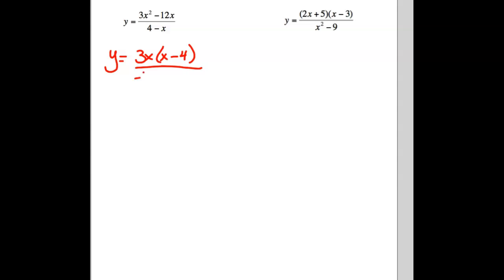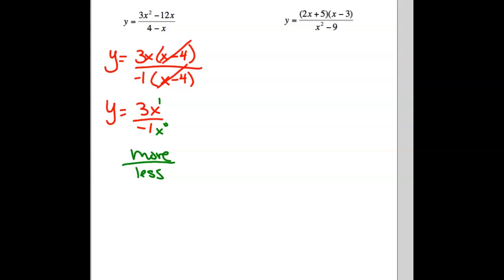Remember, we factored a negative 1 out of the bottom to turn that 4 minus x into an x minus 4. These drop out. We have y equals 3x divided by negative 1. Our top degree is a 1. Our bottom degree is 0.